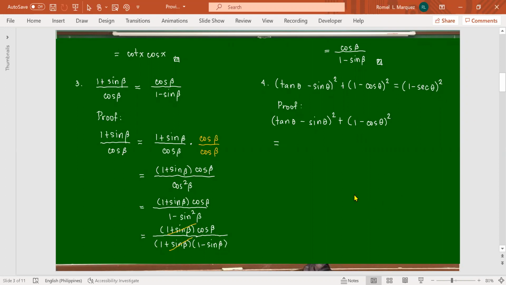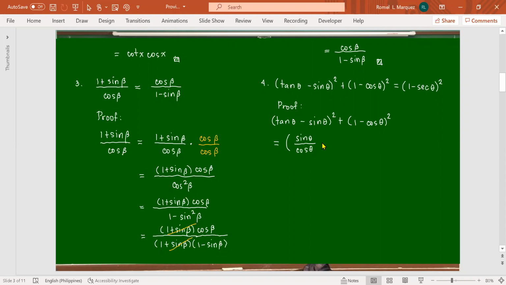Okay? So first, let's work on tangent theta. Since we have sine and cosine here, let's express tangent in that same function as much as possible. So let's see what we can do about this. From the quotient identity for tangent, we have sine theta over cosine theta.